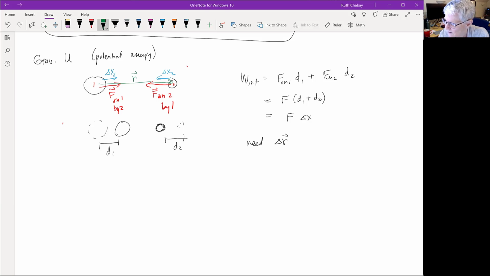So what we want to get, so the internal work, so the change in potential energy is equal to the negative of the internal work, and so that's going to be the negative of the internal force times the displacement of these two objects.